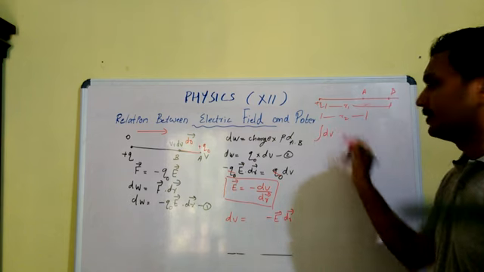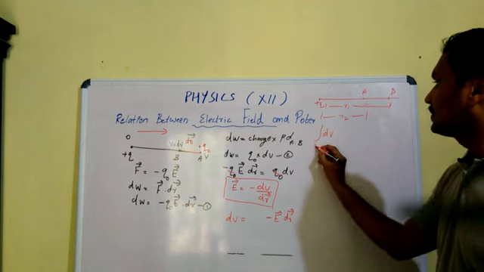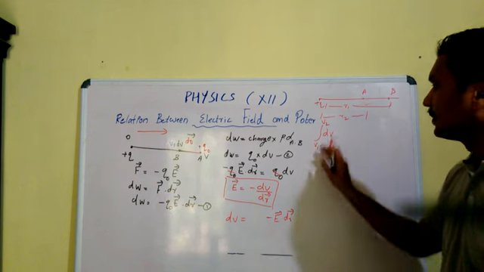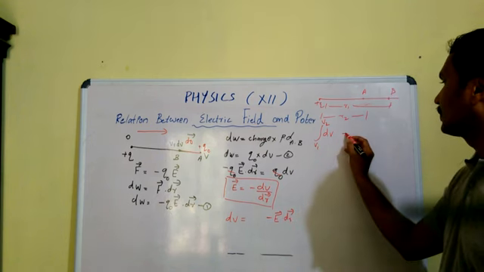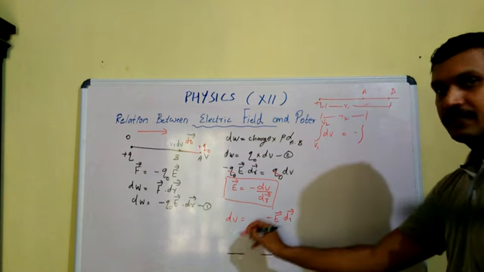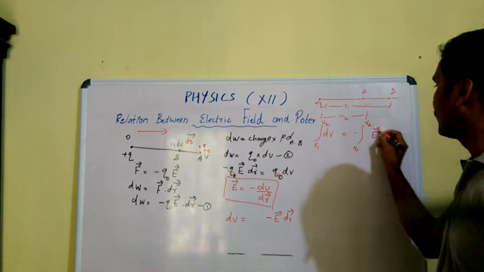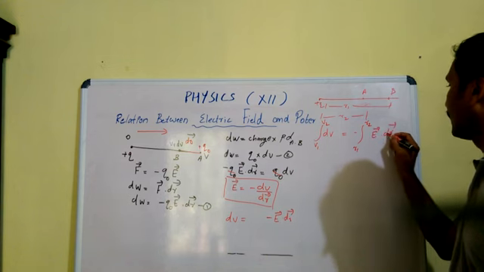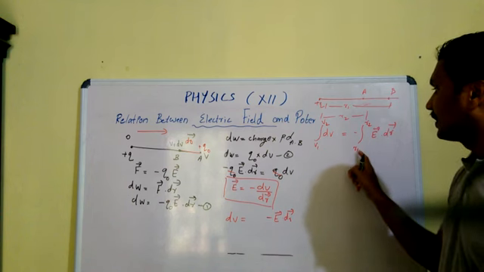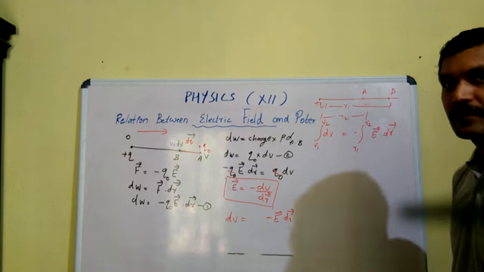Integral dV within the limit v1 to v2 is equal to minus integral, from r1 to r2, E dot dr. That is, at a point r1 the potential is v1, and at a point r2 the potential is v2.